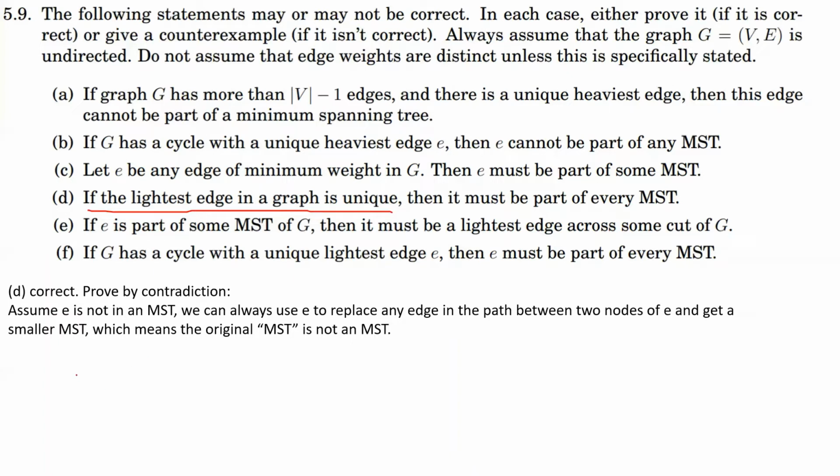So you can assume that there's an MST without E. Again, we will find the path between U and V, and because E has the minimum weight and it's unique, any edge in the path between U and V will be greater than edge E. And if you delete any edge in the path and reconnect E, you can have a smaller spanning tree, which means the original MST is not an MST.